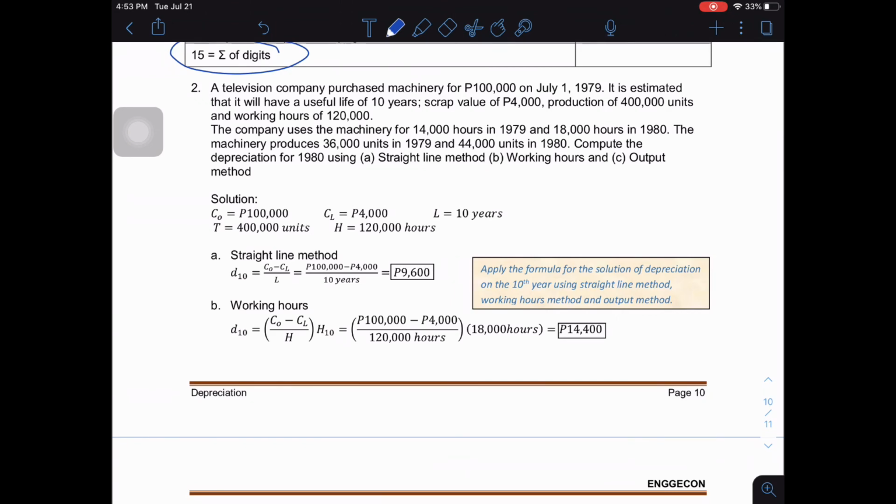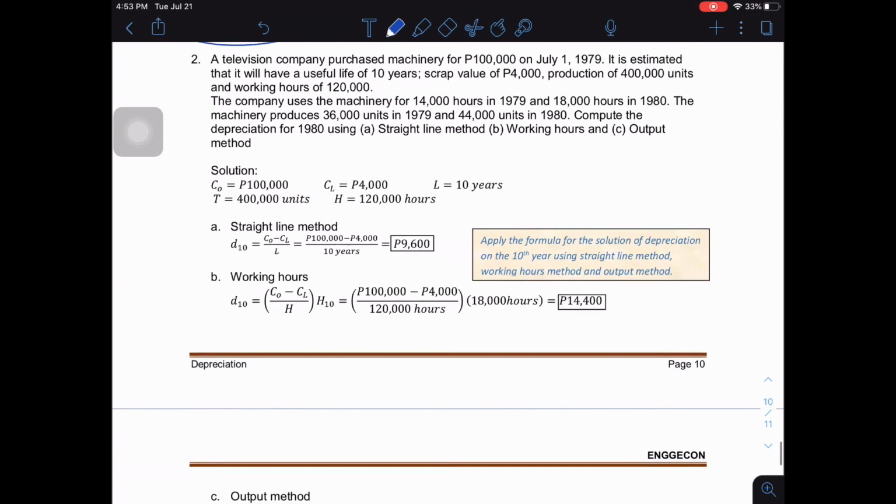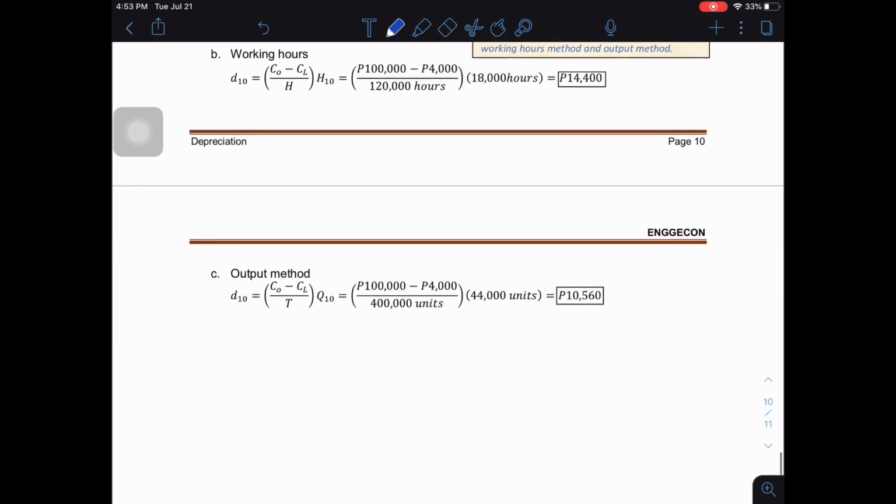Right, so giving us 14,400 pesos. Using output method, okay, so the total would be 400,000 units, and then we have created 44,000 units, so giving us 10,560.